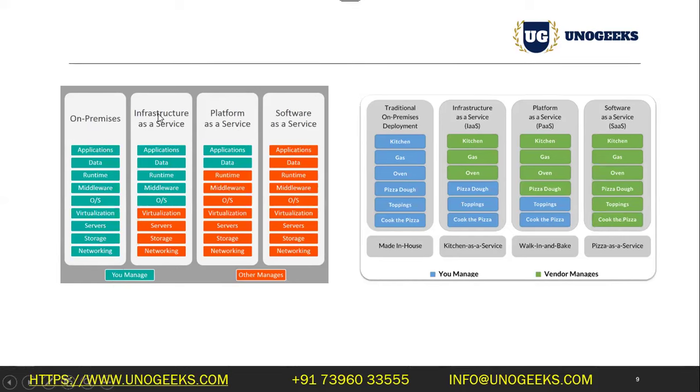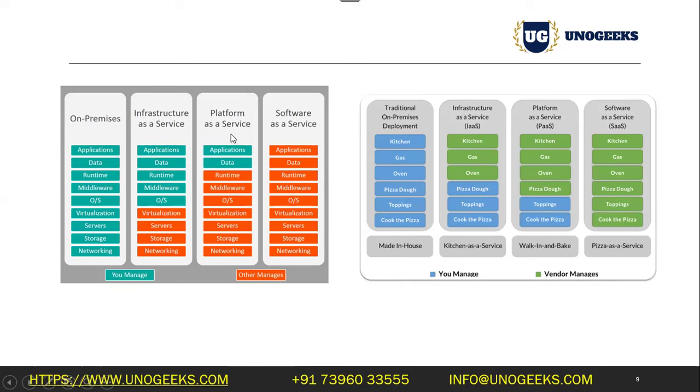Suppose we are subscribed to infrastructure as a service: application, data, runtime, middleware, OS, these things will be in our control. We need to manage them, and virtualization, server, storage, networking will be managed by the service provider.